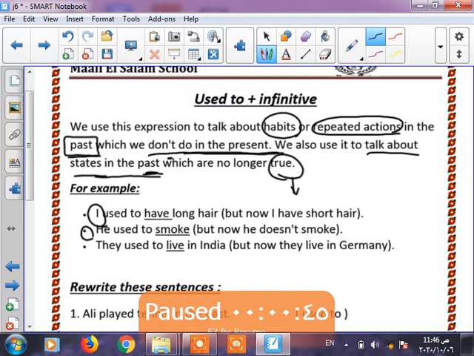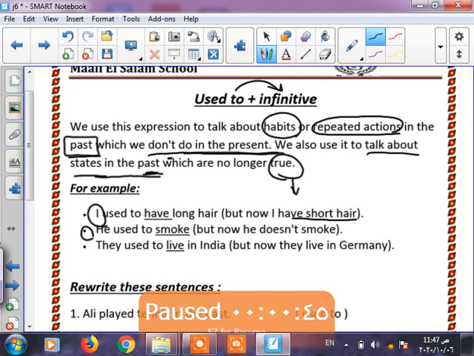Okay, let's start now to answer. Look at example number one. I played tennis in the past. I need you here to use the word used to. How can I use used to in this sentence to give the same meaning? When I say I played tennis in the past, it means that his habit in the past was to play tennis.